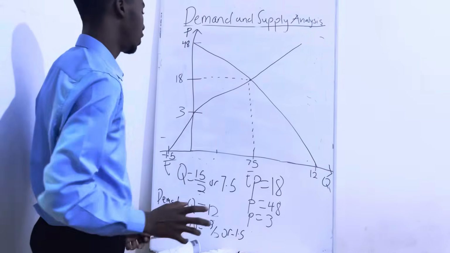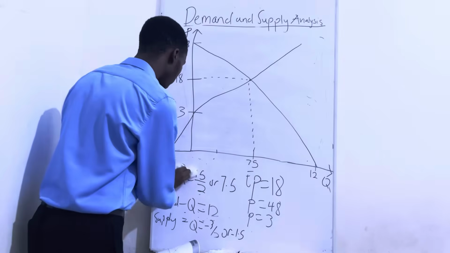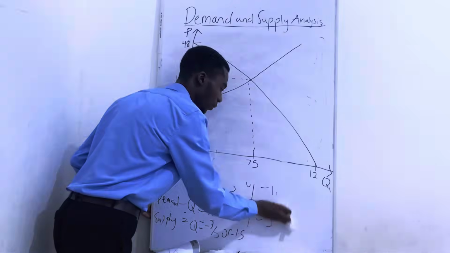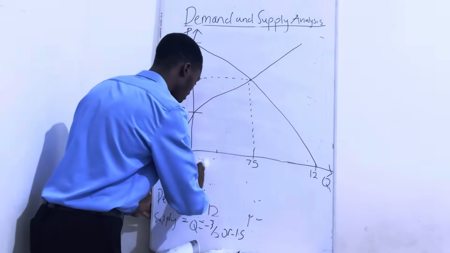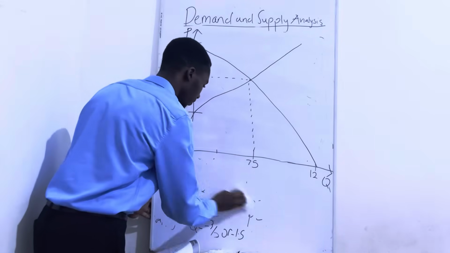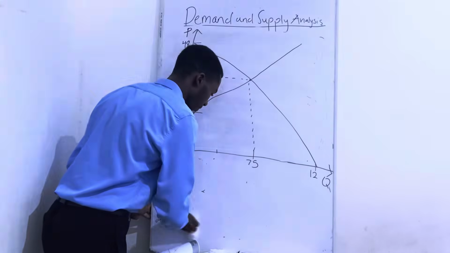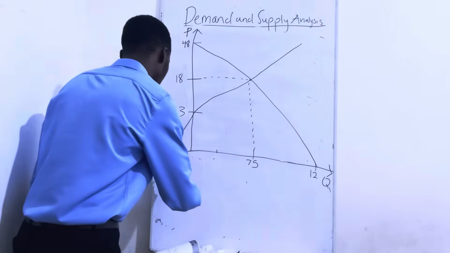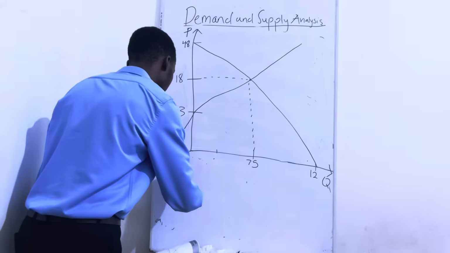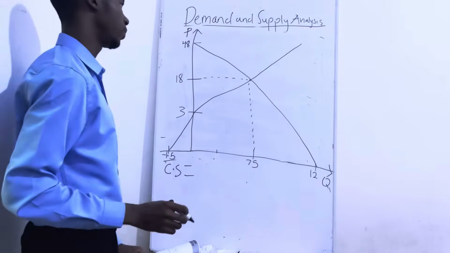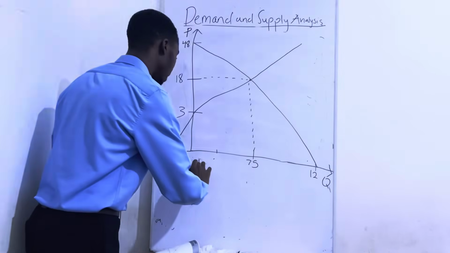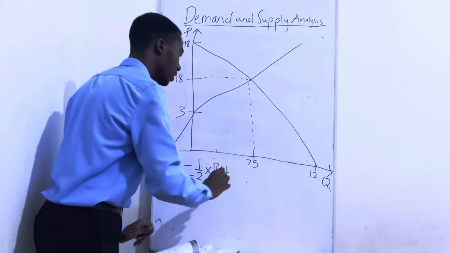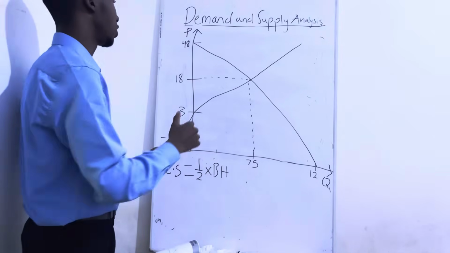Now that you have this, you can find the consumer surplus and the producer surplus. A lot of people have challenges when it comes to this part, so I'll take my time and explain it. Let's start with the consumer surplus, CS. For the consumer surplus, the formula is half times base times height, because it is a triangle.